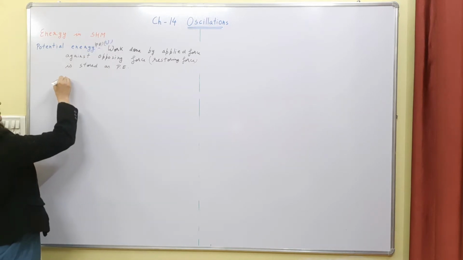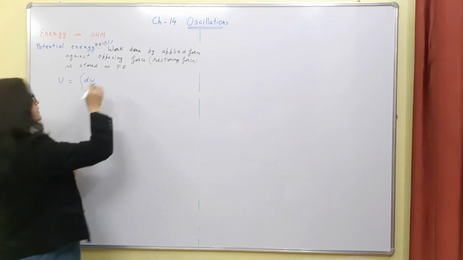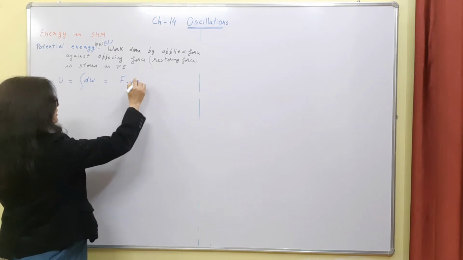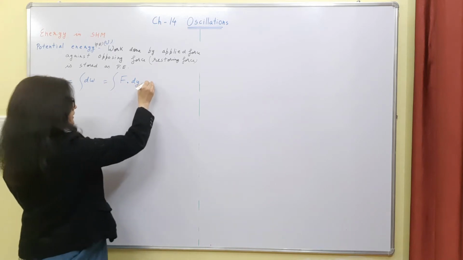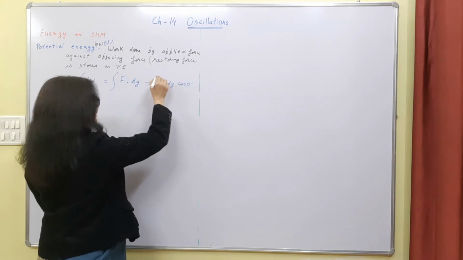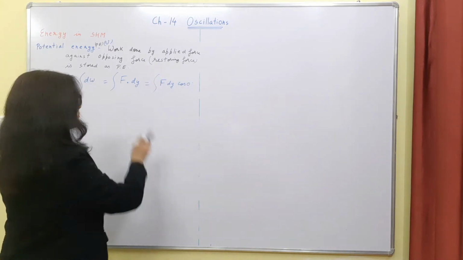Potential energy is the integration of the work done by the applied force, and this will be F dot dy. We will write dy because we are using y for displacement. So this will be F dy cos of 0 degree, because the angle between the displacement and the applied force will be 0.